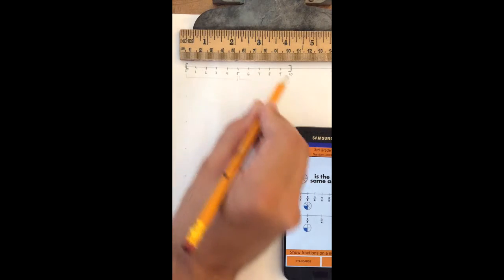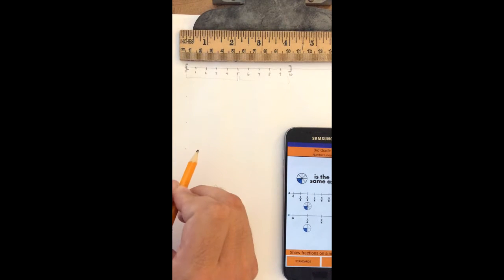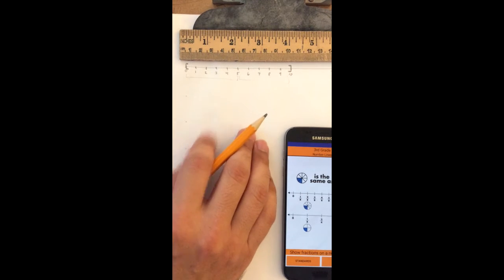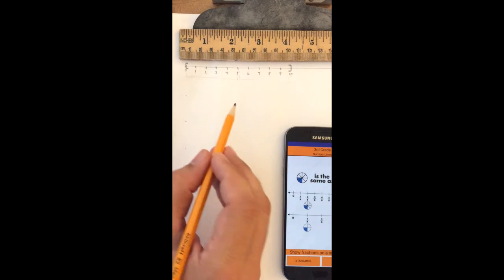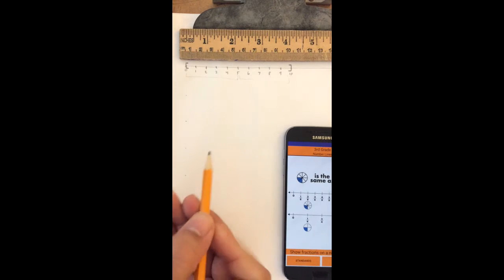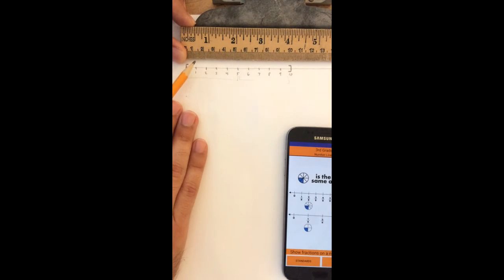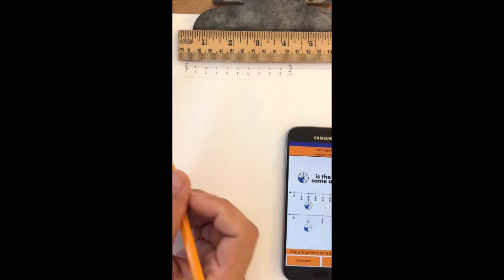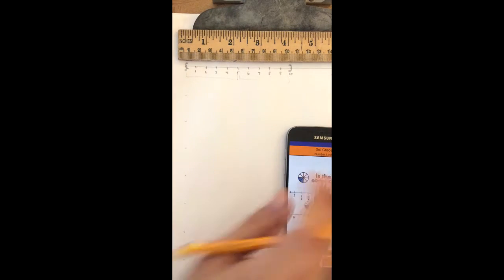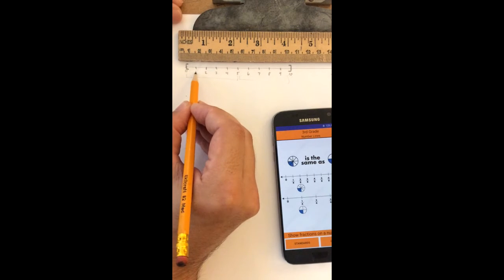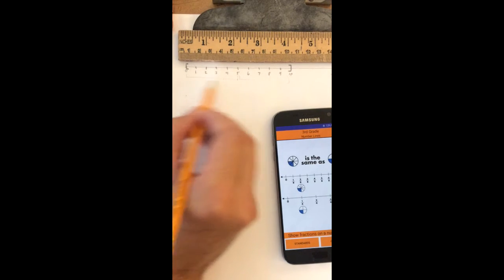And this takes a long time for students to really grasp and get good at, breaking a length up into different lengths, using rulers, using different things. They have to get used to the idea that one of these pieces is one of these 10.